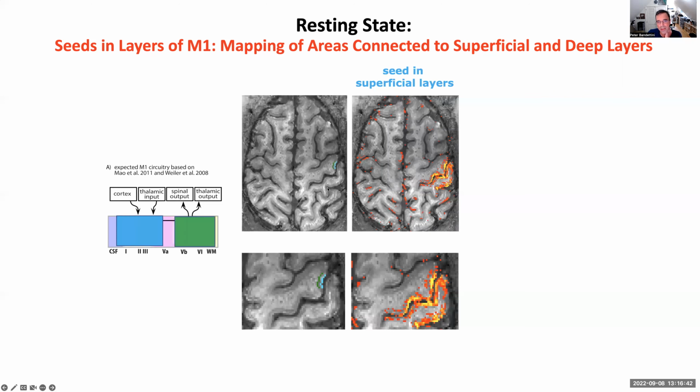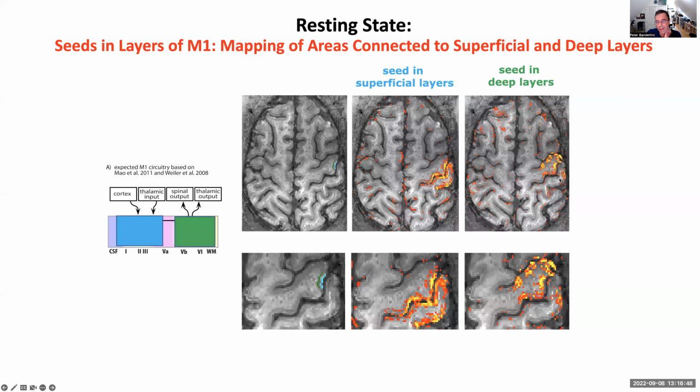If you took the seed in the green, the deeper layer, you have a lot more spontaneous activation that occurs in premotor cortex, which suggests that this is feeding into premotor cortex. And of course, it would be great to look at the layer profiles there, but we didn't do that.